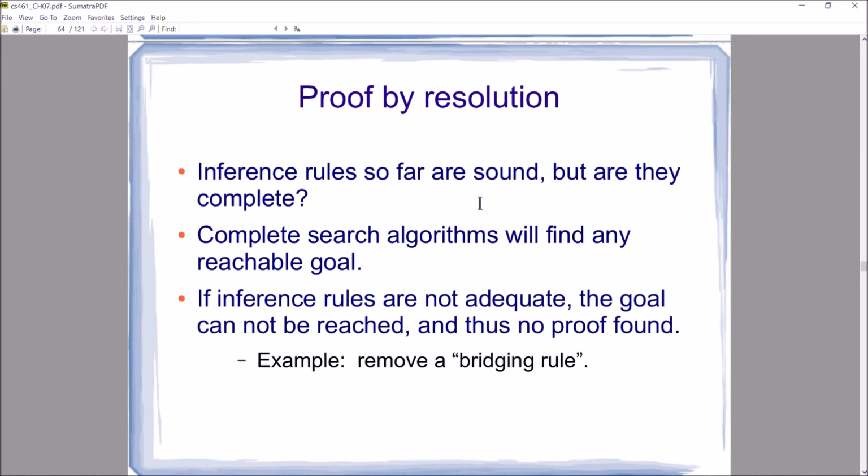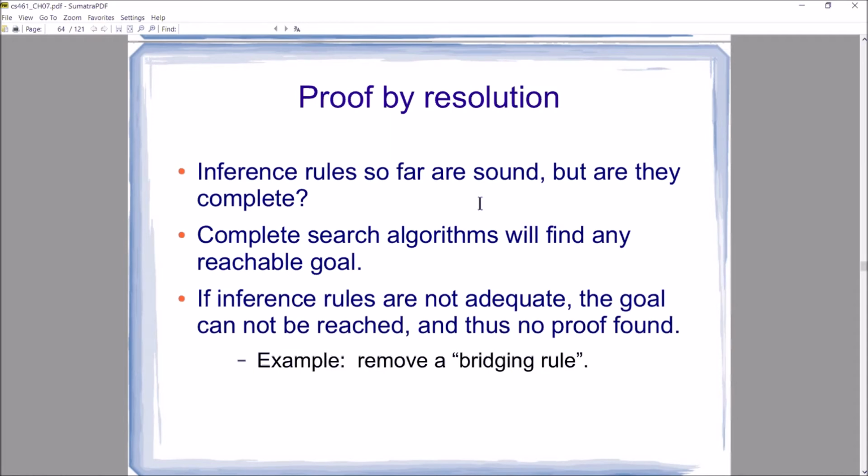Inference rules themselves are sound, okay? But algorithms relying on them are not necessarily going to be complete. So if you're missing one of these rules, the search algorithm might be unable to find the goal. If the knowledge base doesn't have one of the rules, or if it can't utilize it, then you might not be able to complete your proof.